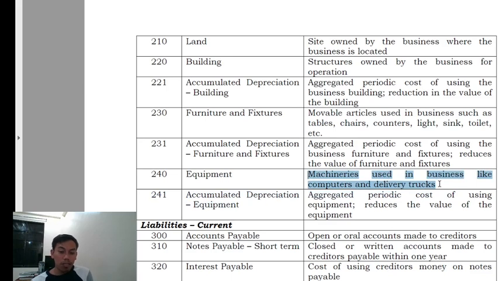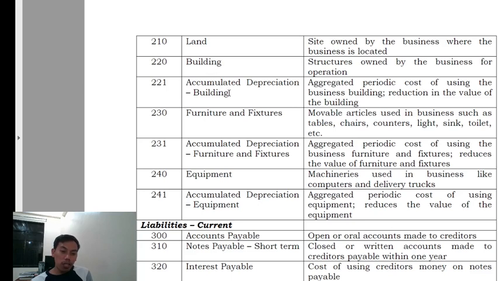Meron tayong mixer, or anong ginagawa sa food. Now, yun, lahat yan, meron silang accumulated depreciation dahil habang tumatagal, bumababa ang halaga nila because of the continuous use of the asset. So, ang accumulated depreciation, binabawas po siya sa halaga ng certain asset.